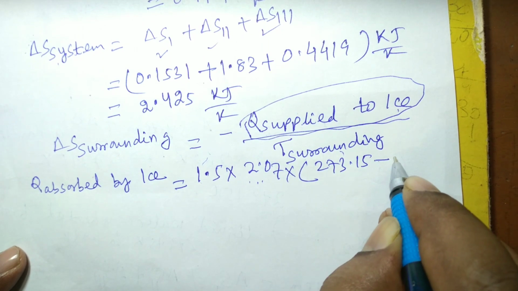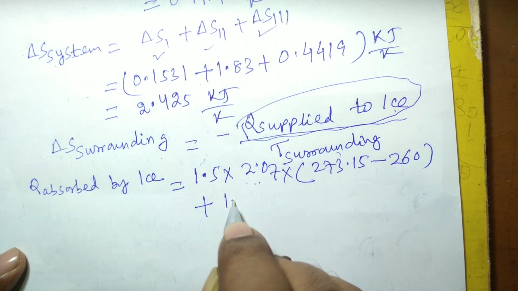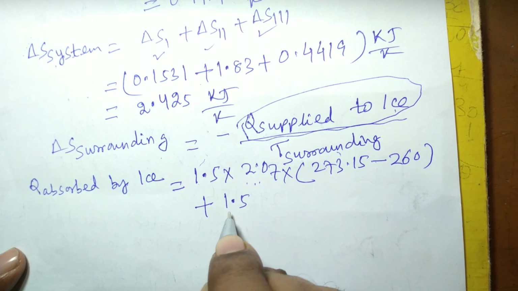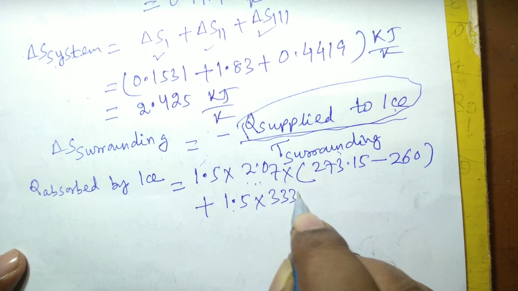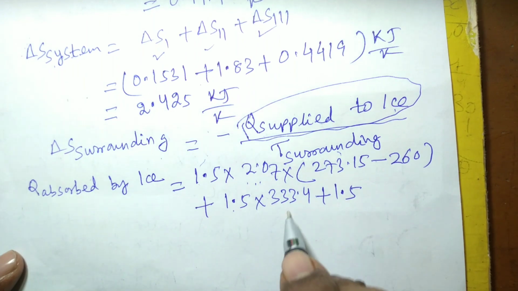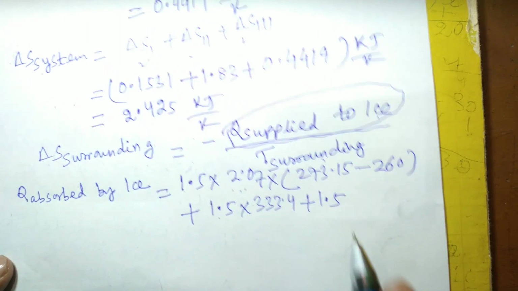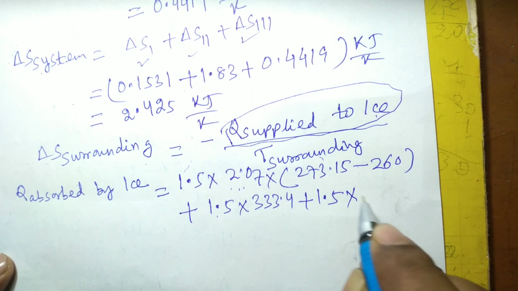Multiplied by 273.15 minus 260, plus, when the phase change takes place, it absorbs latent heat of fusion. So mass multiplied by latent heat of fusion, that is 333.4, plus when the liquid water, now that it has attained the liquid state, is heated from 273.15 to 293 Kelvin, what is the heat absorbed?